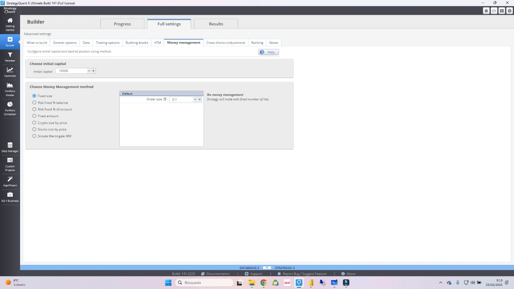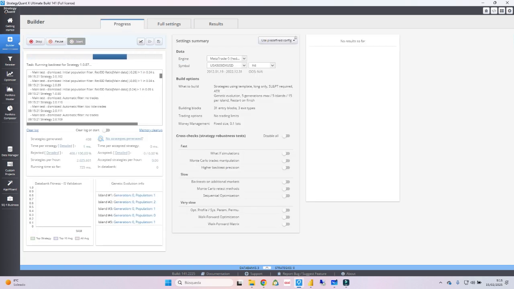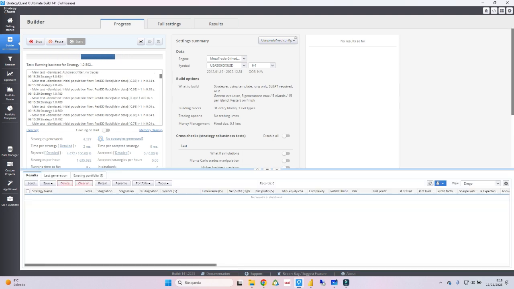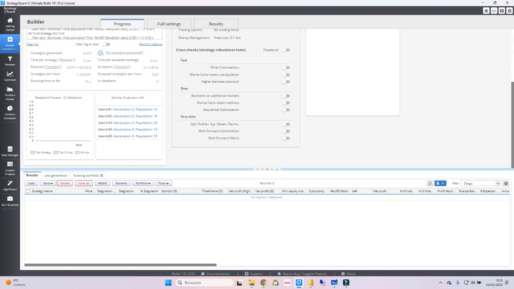The money management is 0.1 lots of a capital of 10,000, and let's start with that. I'm going to leave this. You see, it's improving, it's creating strategies, it's looking. Once it finds strategies, StrategyQuant will put them here.